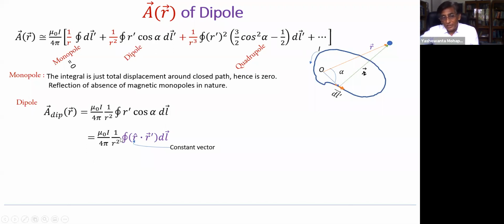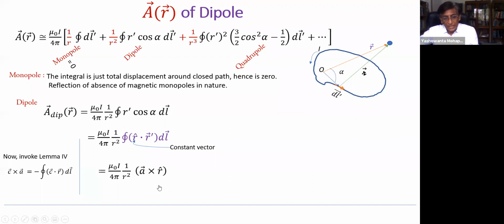This is an integral over a closed loop of a constant vector dot r cross dl. Now I am invoking lemma 4. You remember lemma 4? That is C cross A is minus C. C is here r hat dot r cross dl. And hence this integral can be written as mu naught I by 4 pi a cross r.